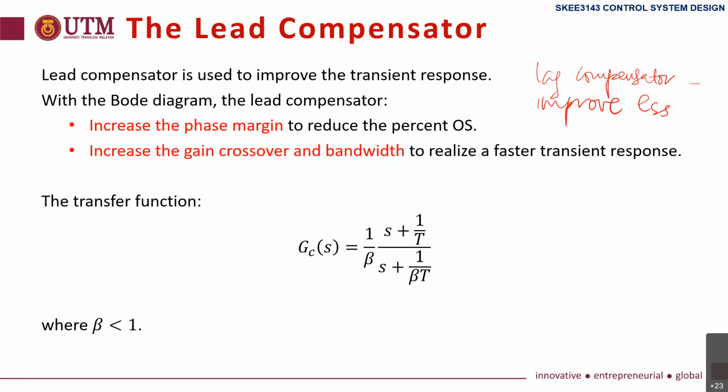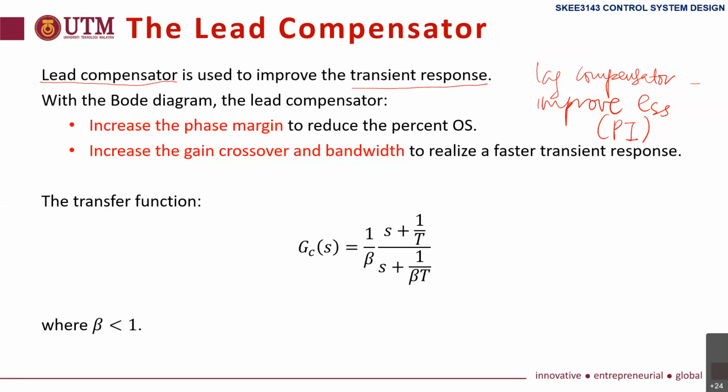The lag compensator is similar to the case for the PI controller. In contrast, the lead compensator that we will discuss today is used to improve the transient response. So we use a lead compensator when we want to improve the transient response.